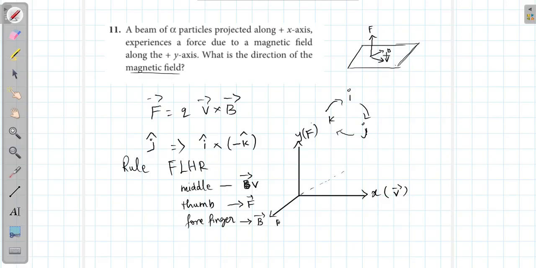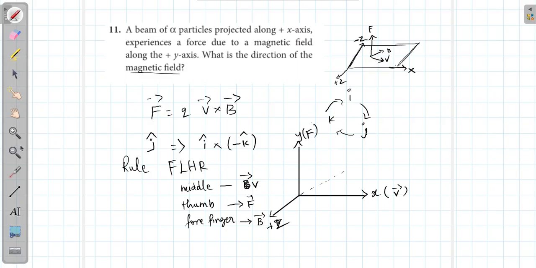It must be in the xz plane. Suppose I take this as the x axis and this as the z axis. The force must be perpendicular to both, but usually we take the outward direction as positive z. This one is negative z and this one is positive z.